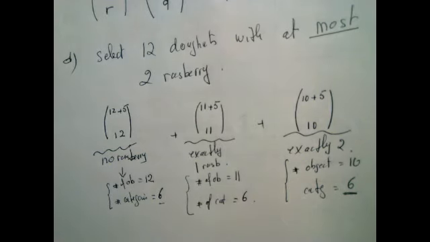And then we just compute this number, and I advise you to compute it, and you realize it's actually a huge number. There are so many ways we can pick those 12 donuts with at most 2 raspberries, a lot.